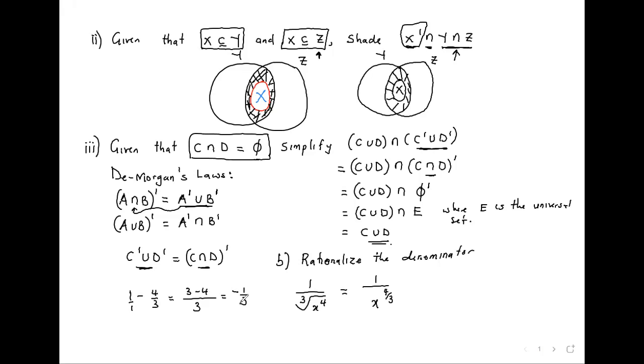This means that if you multiply this thing by x to the power negative 1 over 3 in the denominator and also in the numerator, then you're going to have x to the power negative 1 over 3 over x to the power 4 over 3 minus 1 over 3.